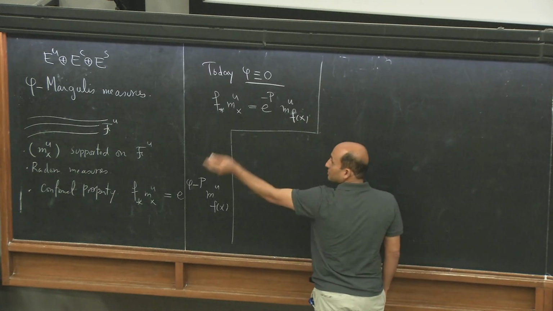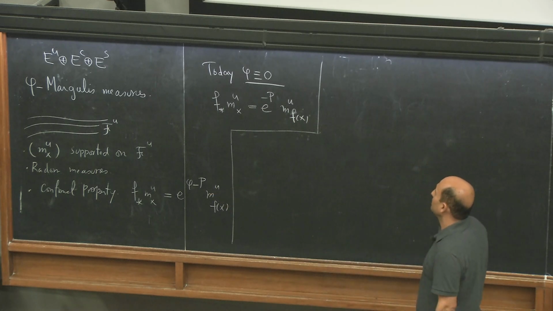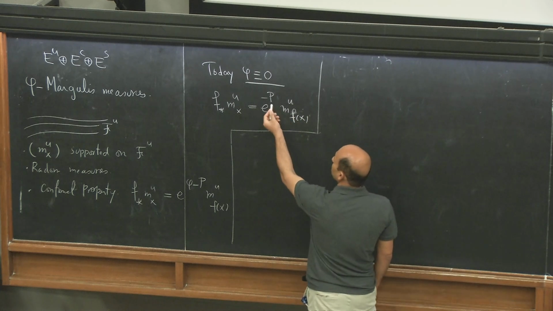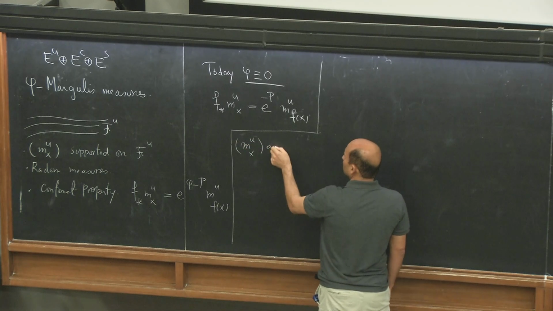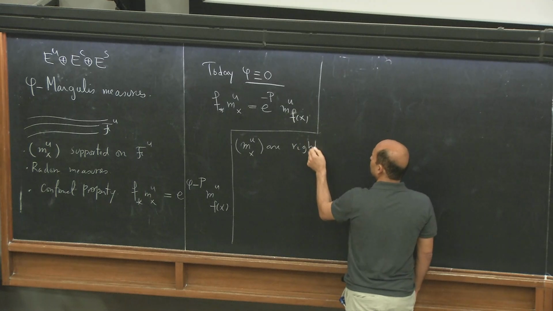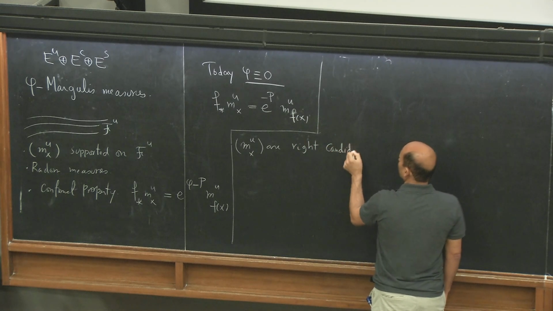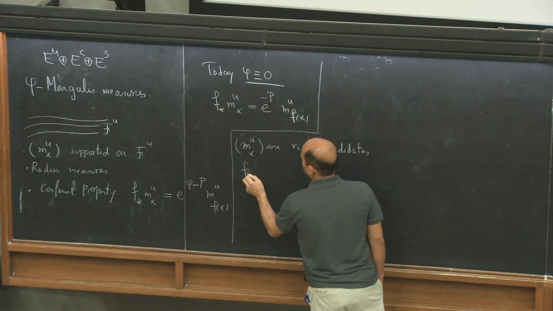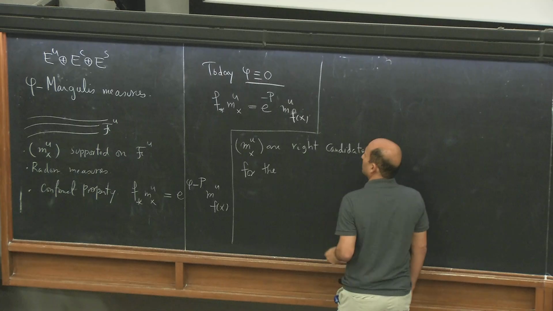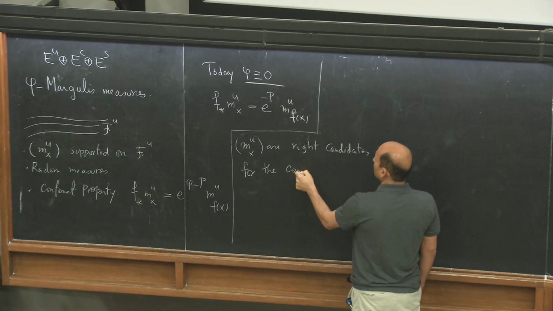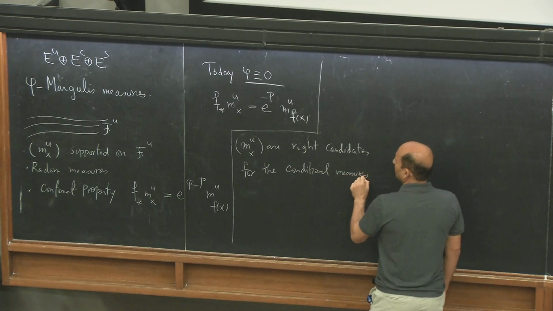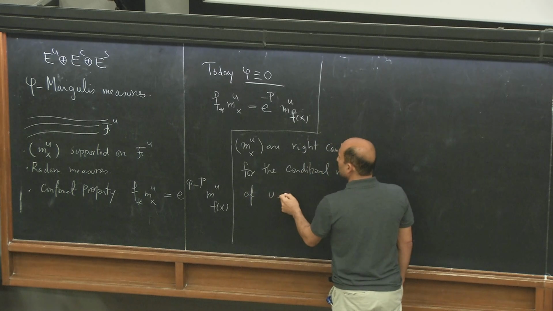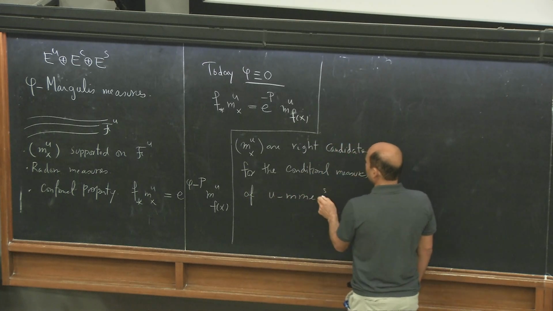These measures, as Paolo was commenting, are very important to understand the conditional measures of maximal entropy. In fact, Margulis measures are the right candidates for the conditional measures of the UMMEs.